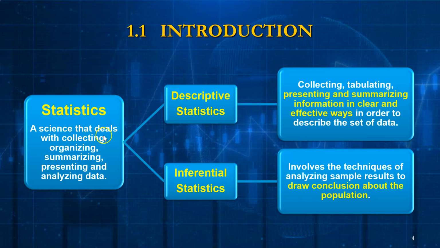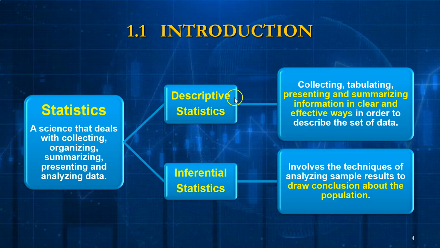Statistics is a science that deals with collecting, organizing, summarizing, presenting, and analyzing the data. So there are two types of statistics. The first one will be descriptive statistics, and the second one is inferential statistics. So what is descriptive statistics?